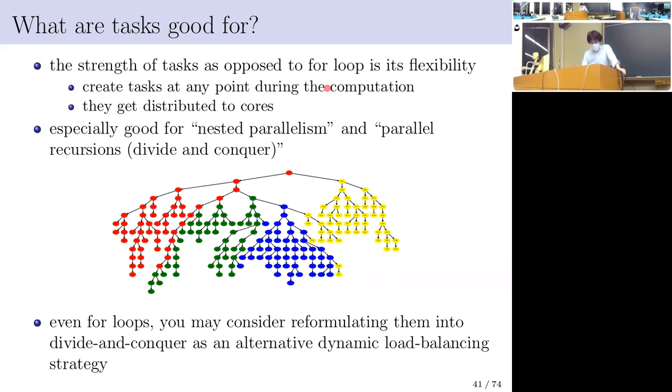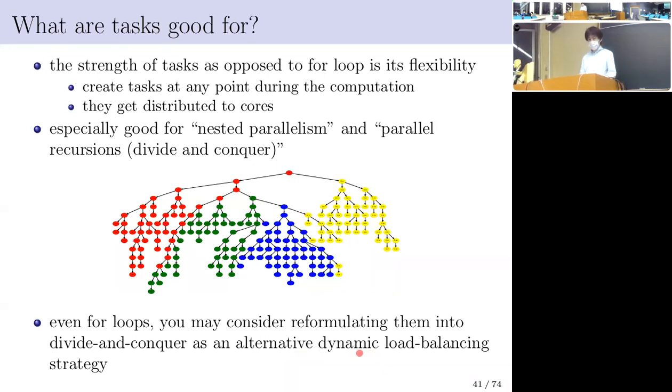Like I said, the basic strength is its flexibility. And like I already suggested several times, it is especially good for nested parallelism and parallel recursion. Even if the original workload is a serial for loop, you may still consider reformulating this parallel for loop into divide and conquer style as an alternative dynamic load balancing strategy.